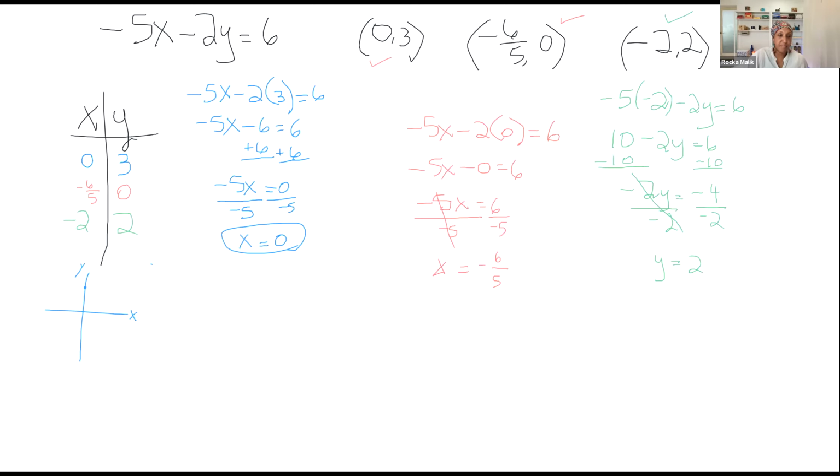Okay. So when it asks you if certain points are solutions to the line or will lie on the line, you have to take those points, do your XY table, and make sure they work for both the X and the Y.